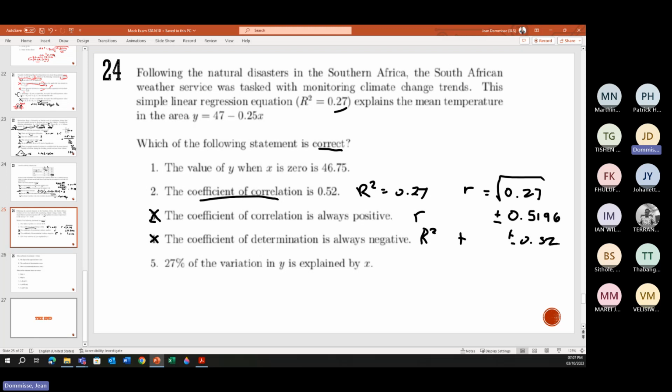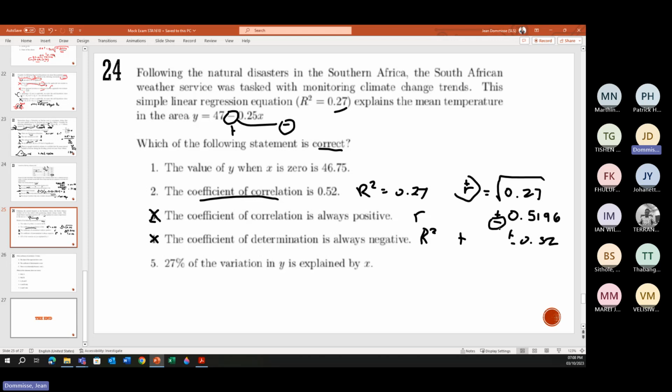In Sunday session, remember I said, look at R and look at your slope. If your slope is positive, R is positive. If your slope is negative, like it is, your R must be negative.